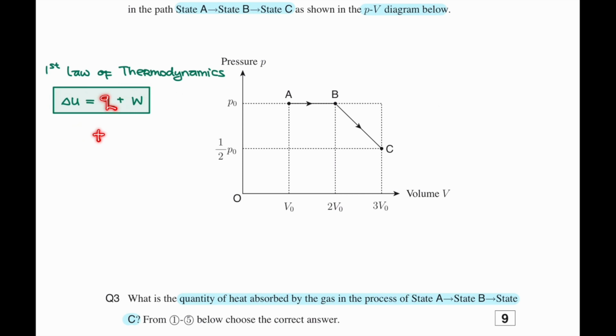So Q is positive when heat is absorbed by the system, and negative when heat is released from the system. So absorbed is positive, and released or emitted is negative. And last but not least, W is work done. W is positive if work is done on the system, and W is negative if work is done by the system.